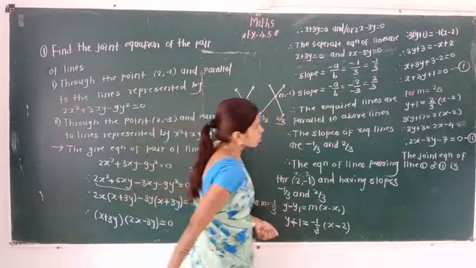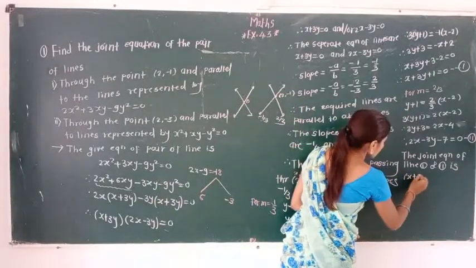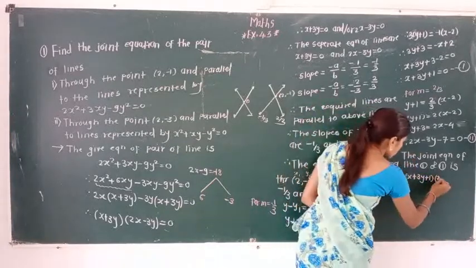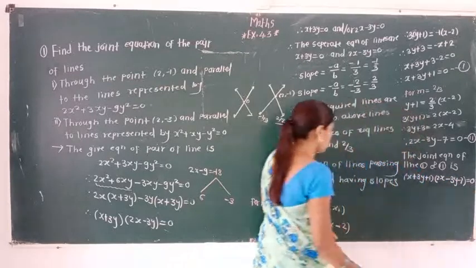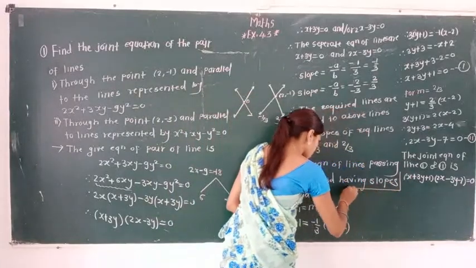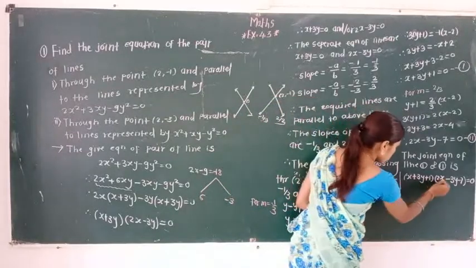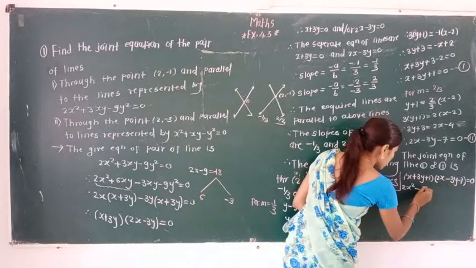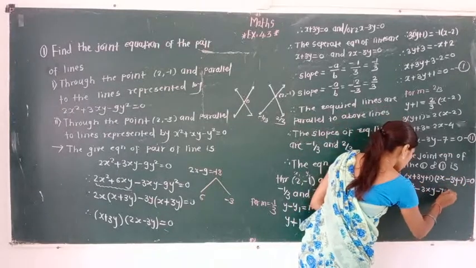Your first line is x plus 3y plus 1, into the second line 2x minus 3y minus 7 is equal to 0. Now take the cross multiplication. The product of the first term with this bracket: x into 2x we get 2x square, x into minus 3y we get minus 3xy, x into minus 7 we get minus 7x.